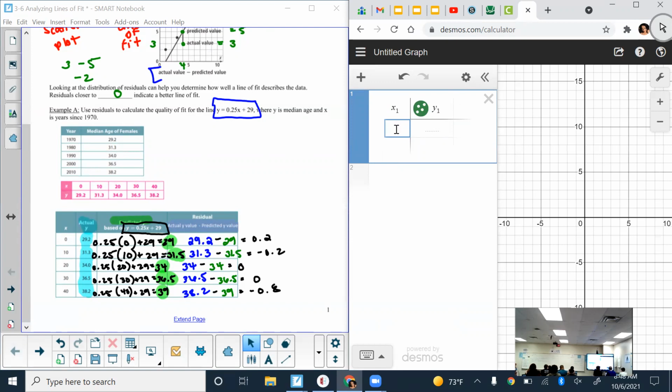So we have 0, 29.2, 10, 31.3, and then keep going till it matches the table that you were given in the problem.